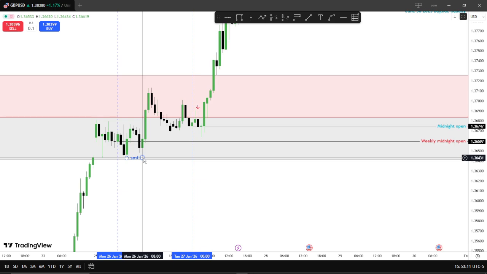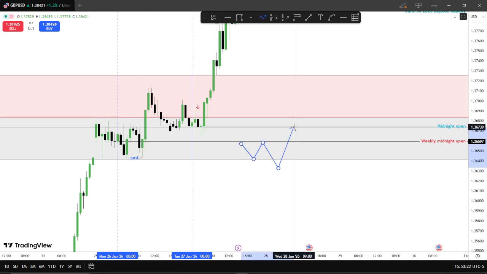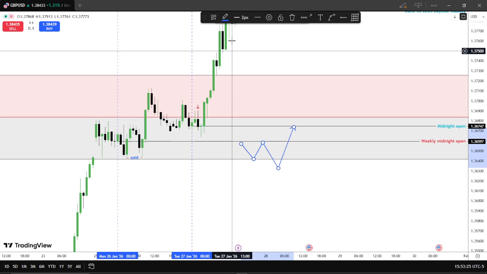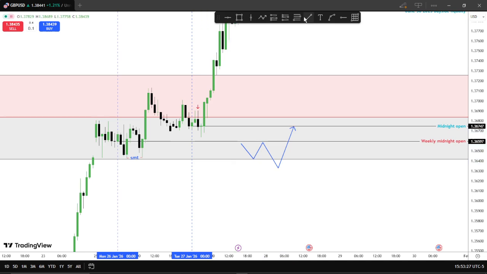So I'm talking about a structure like this. In terms of Monday opening, Euro had a lower low, and Pound USD had this structure.